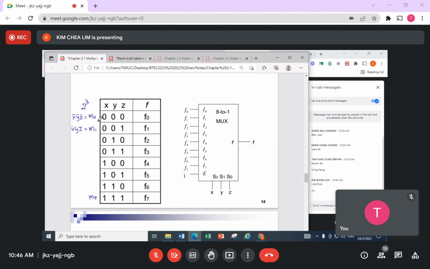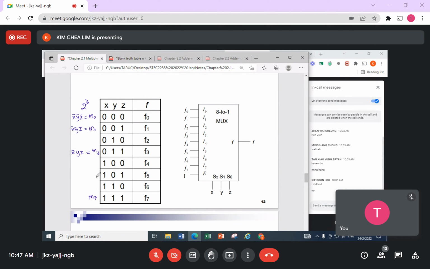So we write according to this. For this case, M3 is given, in the case of minterm, as X bar, Y, Z, and so on. This is what we call a minterm.